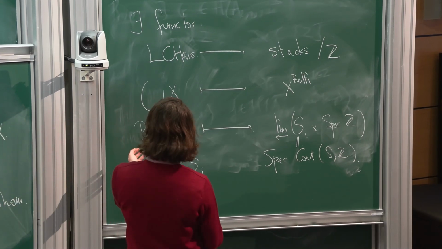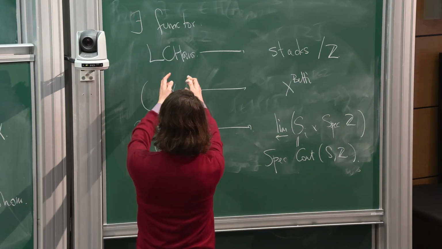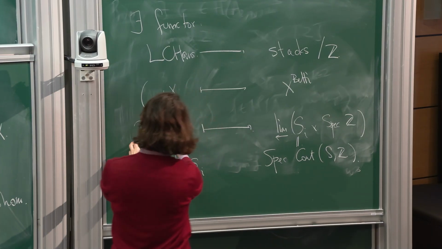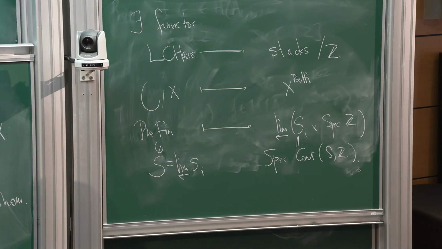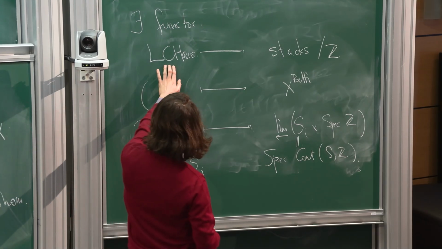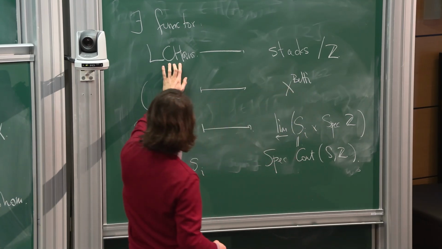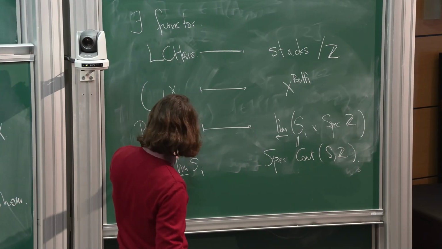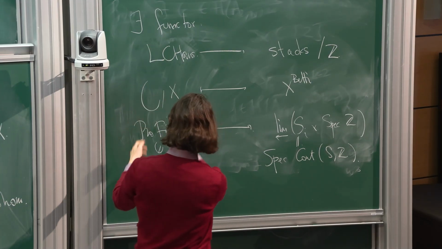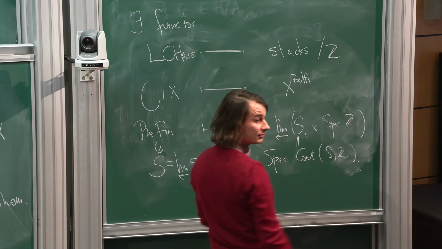But then there's this funny observation that any compact Hausdorff space can be written as a quotient of a profinite set, where the equivalence relation is also profinite. And so you can define this in general by covering, let's say it was compact Hausdorff, by a profinite set, and the equivalence relation you can also do it, and then you can pass to stacks again.